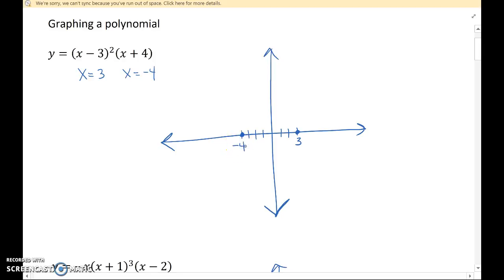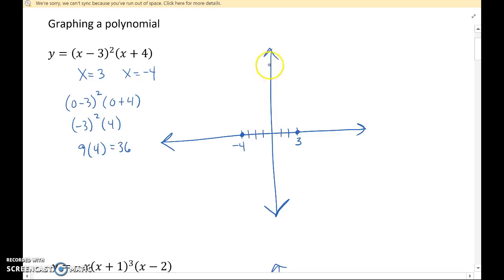The next thing we need to do is identify our y-intercept, and we can do that by substituting a 0 in for our x's. So 0 minus 3 squared times 0 plus 4 gives us a -3 squared times a +4, which gives us 9 times 4, which is 36.